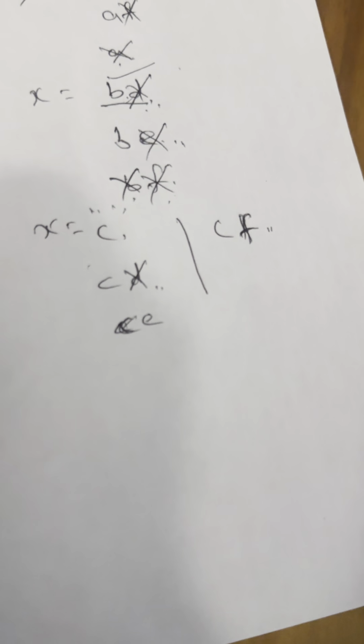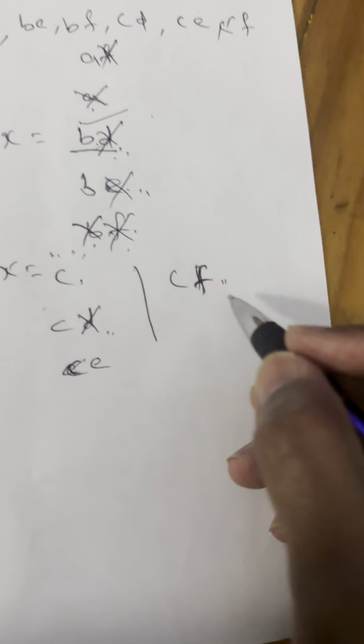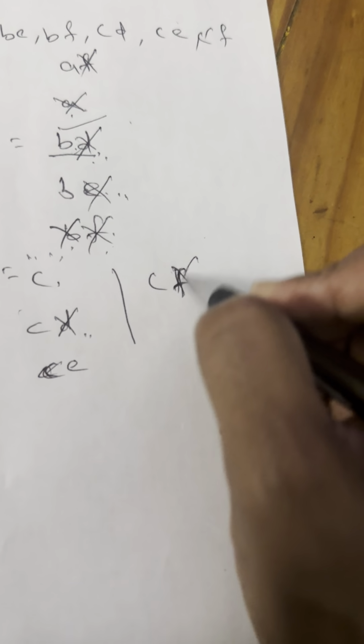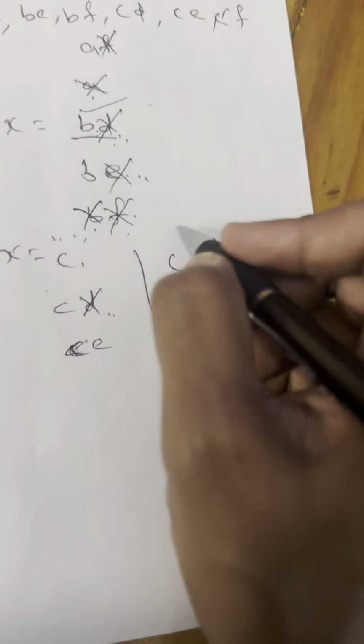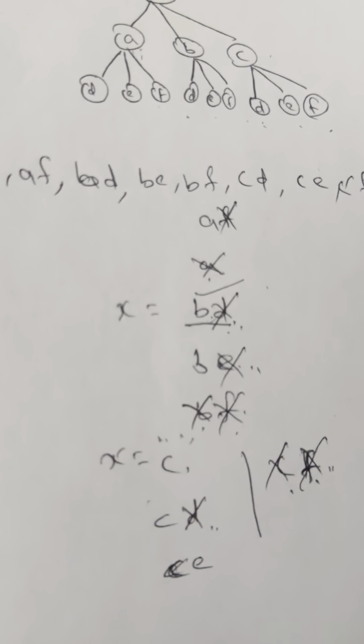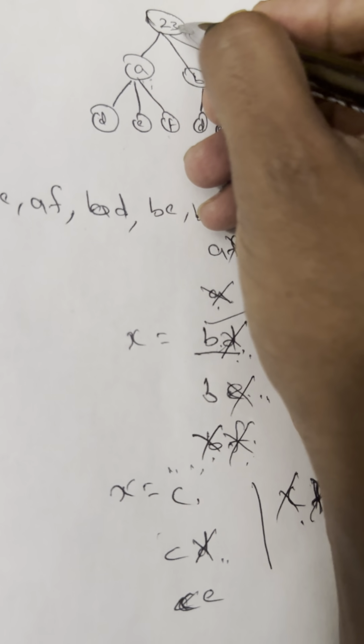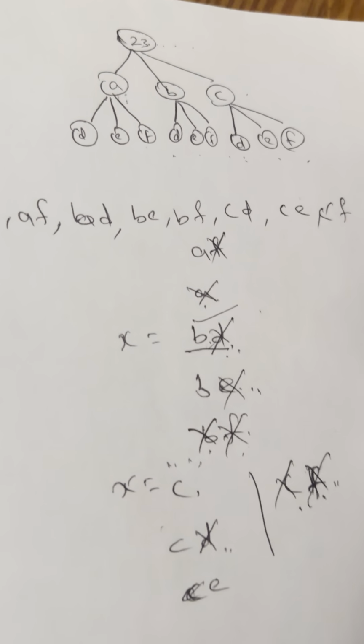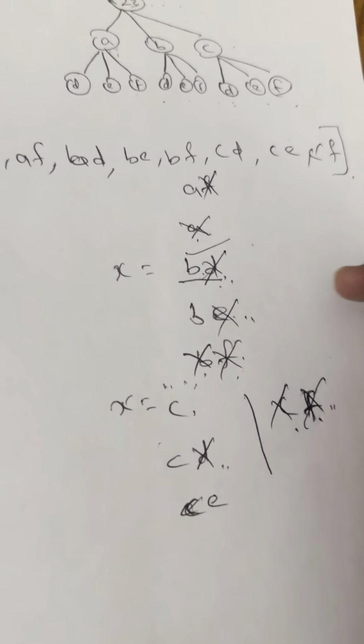Similarly we add next CF, and once CF is done, add it to the list of results. F is taken out from the string, and C is also taken out from the string, and there are no more options left to iterate. So this is the entire list of results.